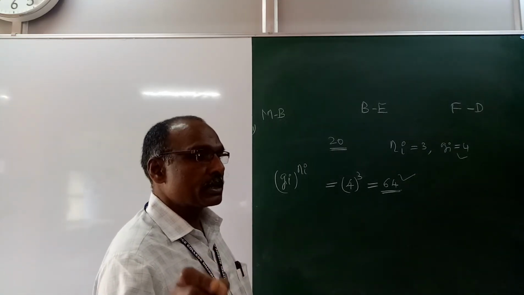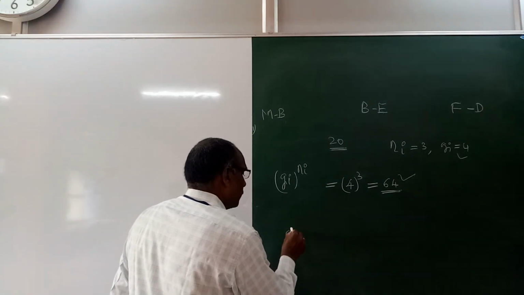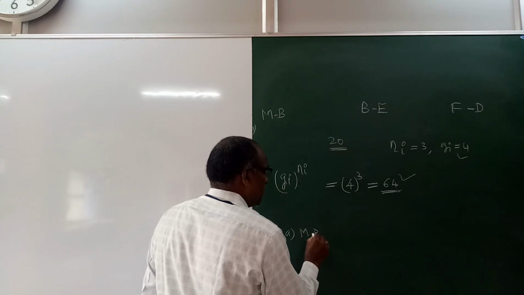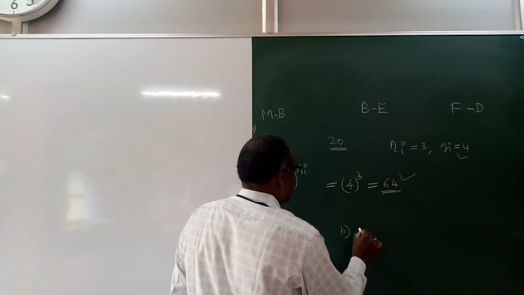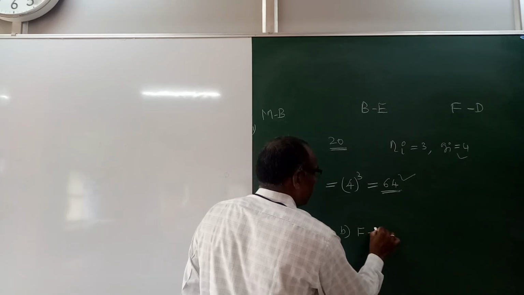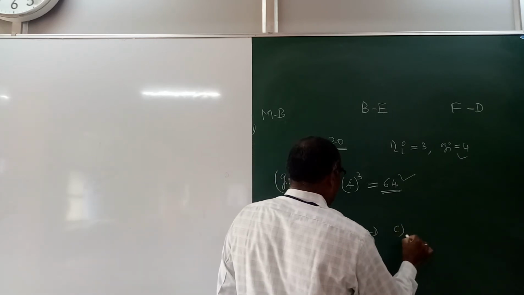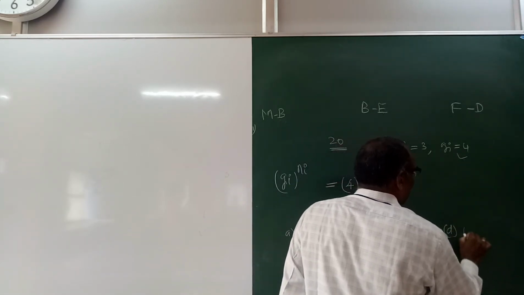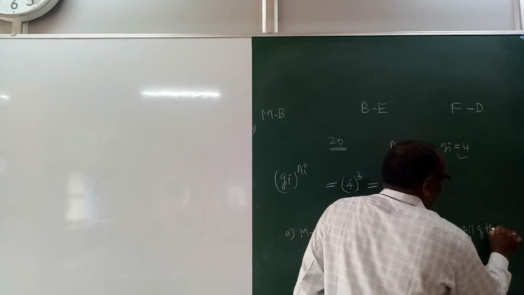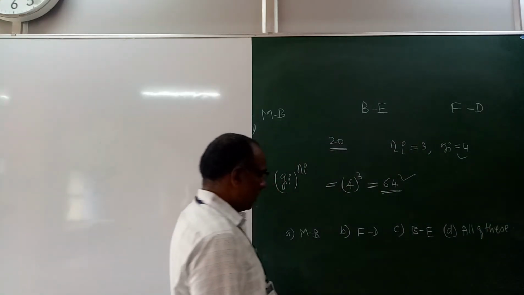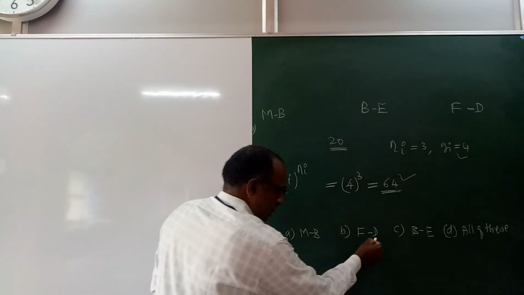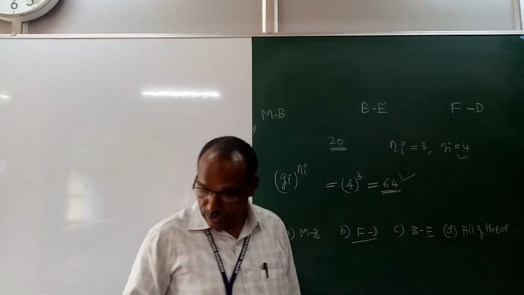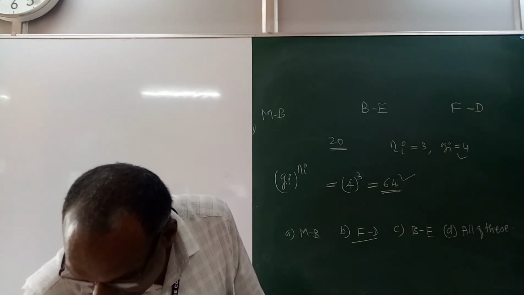My alternate answers are A, MB statistics, B, FD, C, that is BE, D is all of these. So Pauli's exclusion principle is obeyed in which of these?